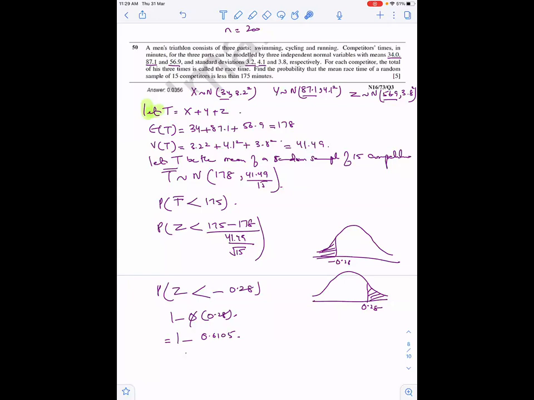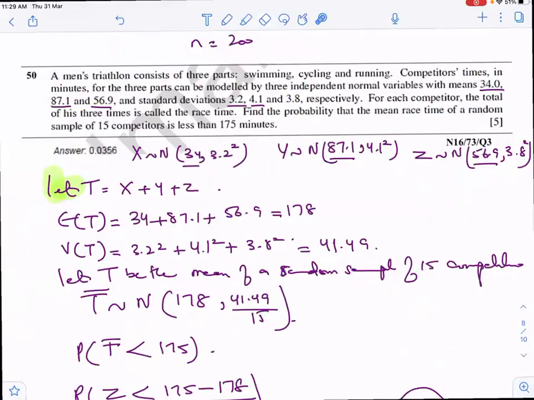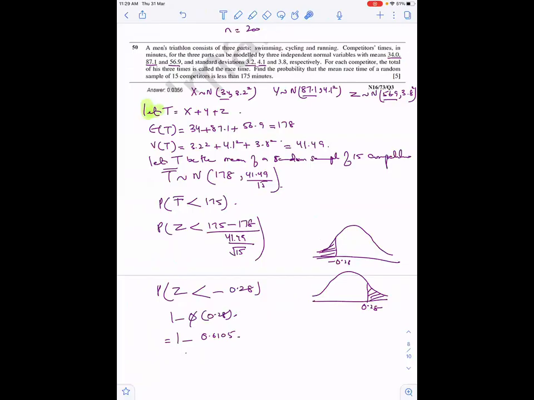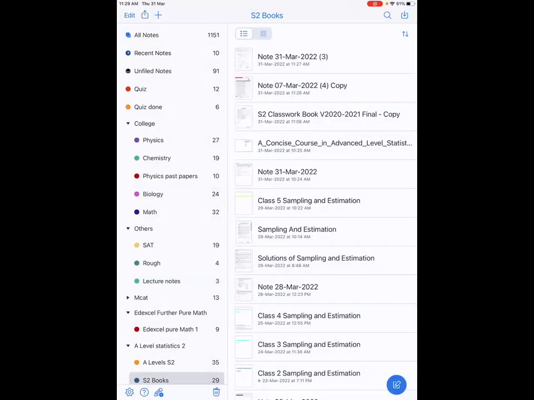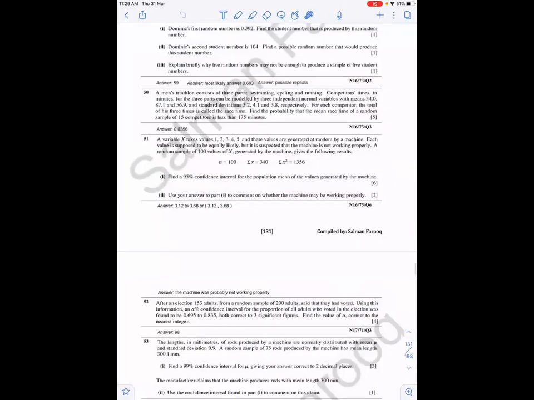I don't see a mistake here, but still I will check on this. I don't want to waste your time here, but I can check it from the actual marking scheme, maybe they have written the answer wrong.